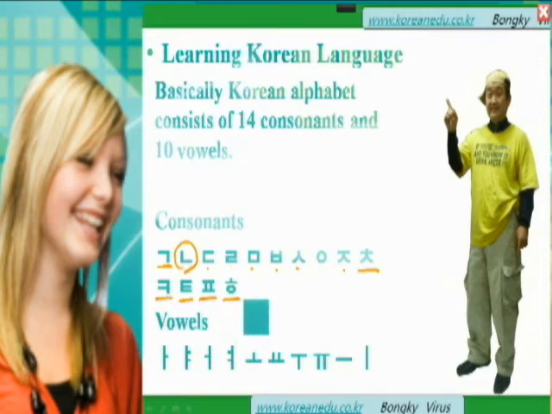There are 14 consonants in the Korean alphabet. Let's check out the vowels then. 아, 야, 어, 여, 오, 요, 우, 유, 으, 이. There are 10 vowels in the Korean alphabet.